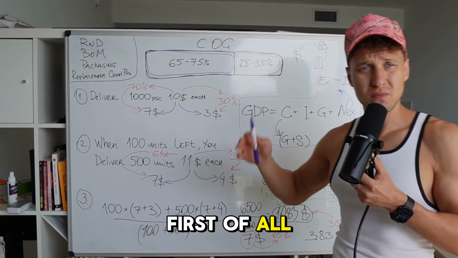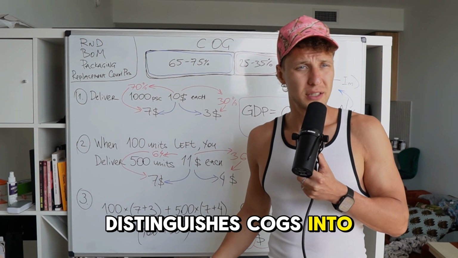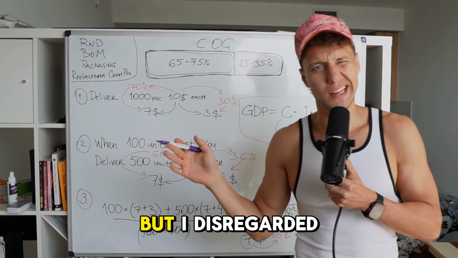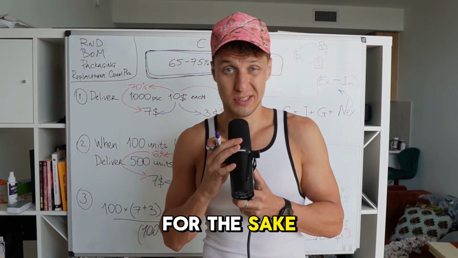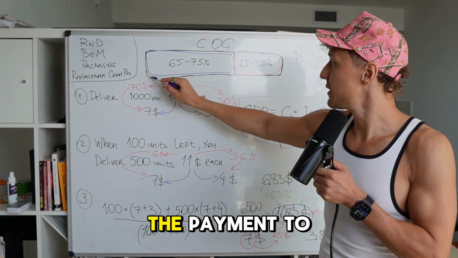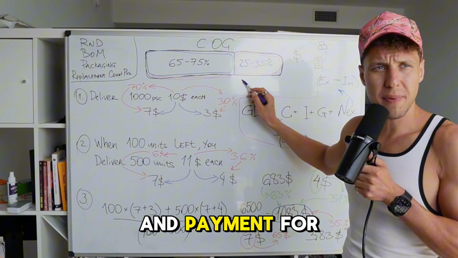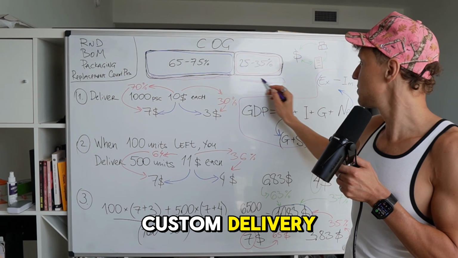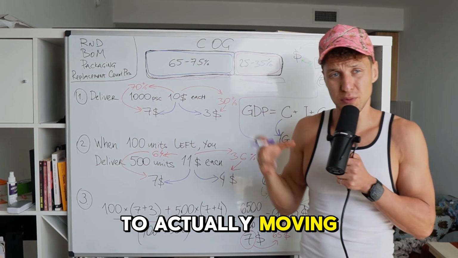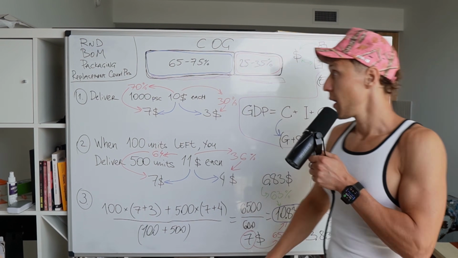First of all, the proper Amazon metric processor distinguishes COGS into two major categories. There's another category, but I disregarded it for the sake of simplicity. The categories are the payment to the supplier, and the payment for the shipment, customs, delivery, and all of the costs attributed to actually moving the units from the supplier to the fulfillment center.